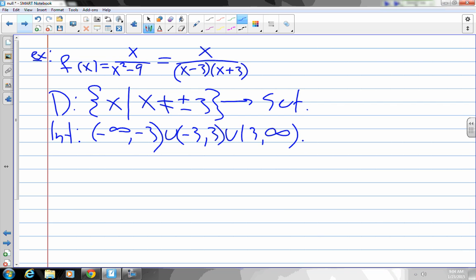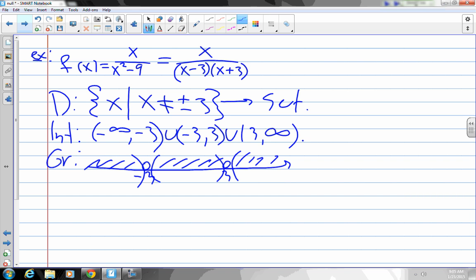Right? Do you remember how to sketch one of those things? Sketch a graph of that function? I mean, the graph of the solution will just be, you'll remove negative 3 and you'll remove 3, so it's like that. That's the graph.